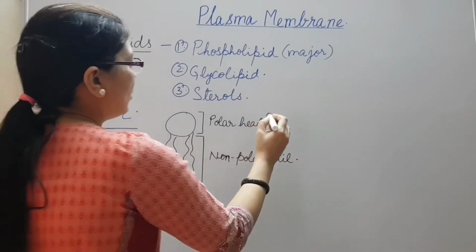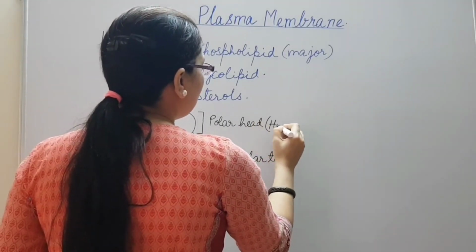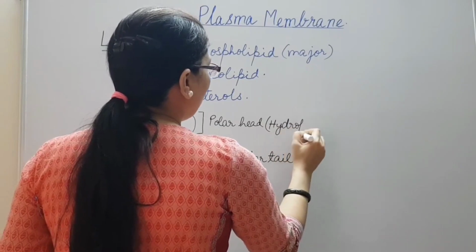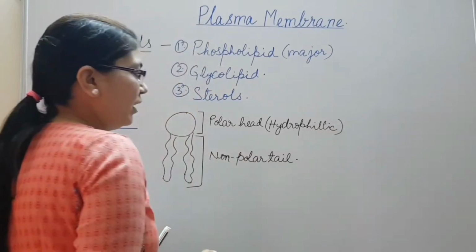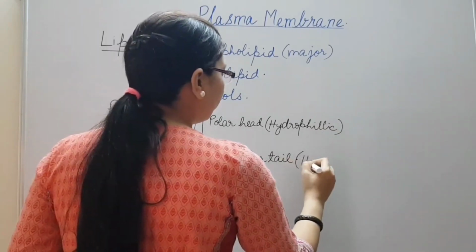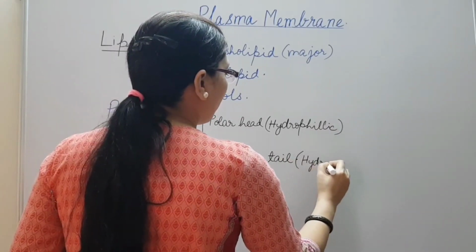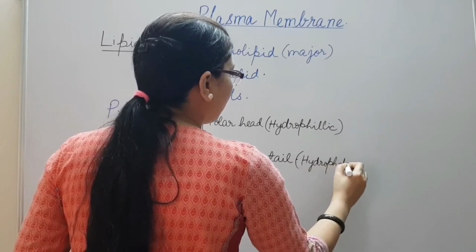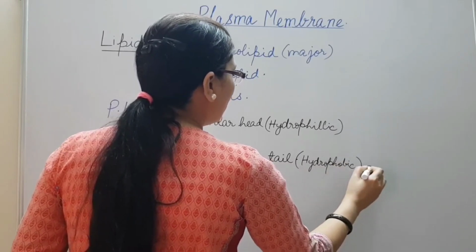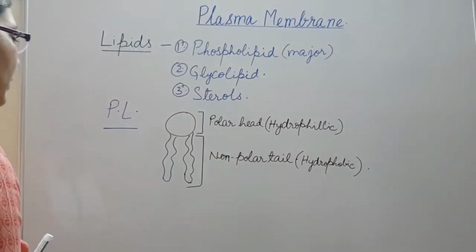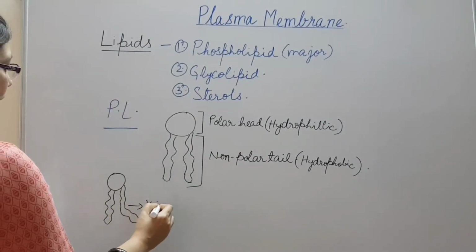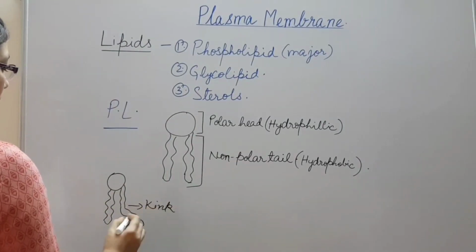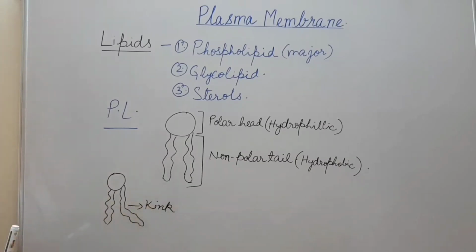Polar head is hydrophilic. That means it is water loving or soluble in water. And non-polar tail is hydrophobic. It is not soluble in water or water hating. This shows the kink in the fatty acid chain. That means it is unsaturated or double bond is present.